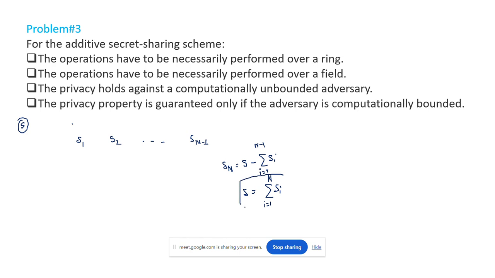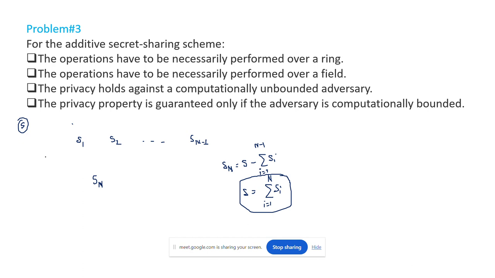Because each of S1 to Sn-1 is independent of S, there is no way you can know the information about Sn without knowledge of S.